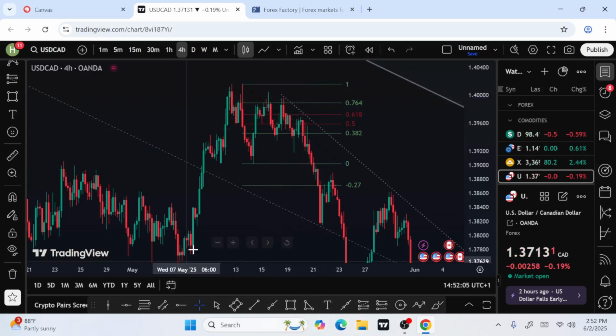So you can now come to lower time frame and start looking out for possible sell entries. Are you following now? So that is how you place your Fibonacci tool.